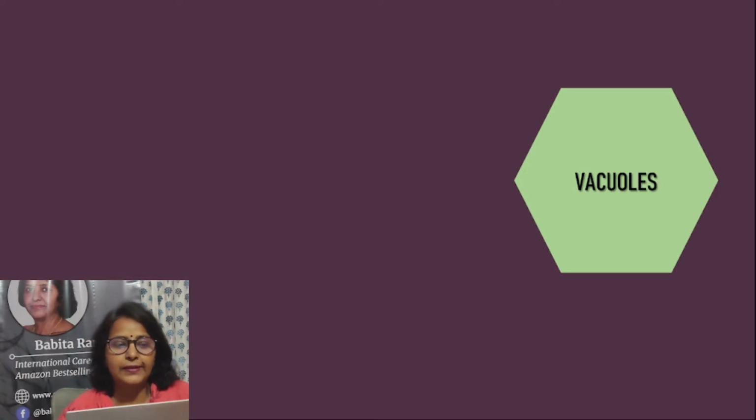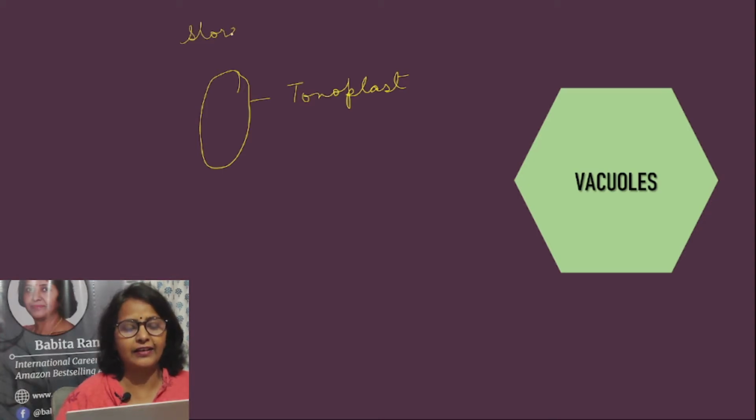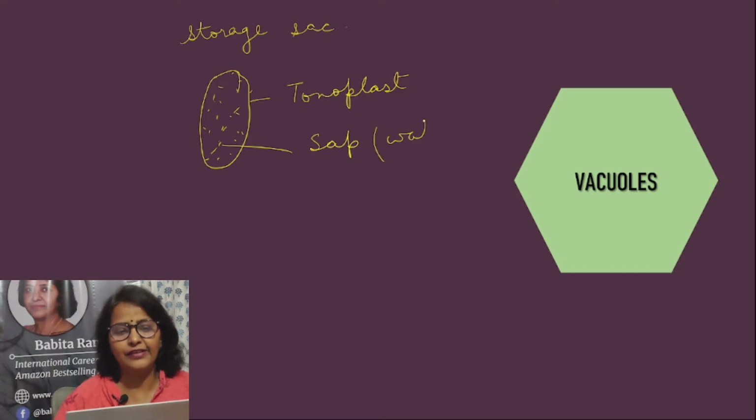Next, let us move to vacuoles. The membrane of the vacuole is known as tonoplast, and in case of plants, the vacuole is known as storage sac, because it stores certain substances inside it, and the liquid which is present inside the vacuole is known as sap, and sap contains water, minerals, some amino acids, glucose.